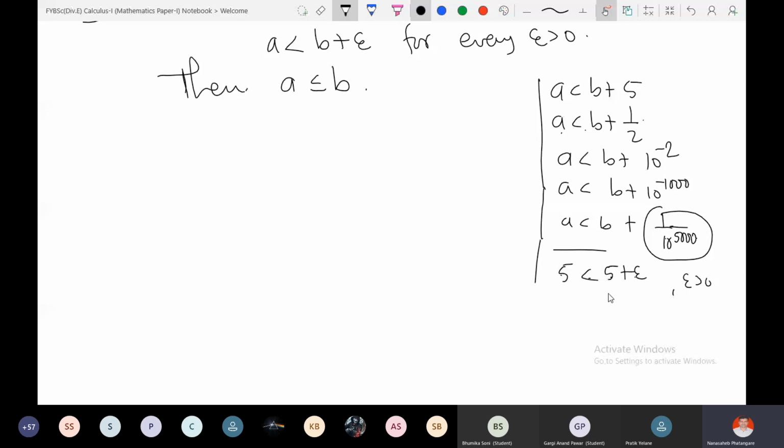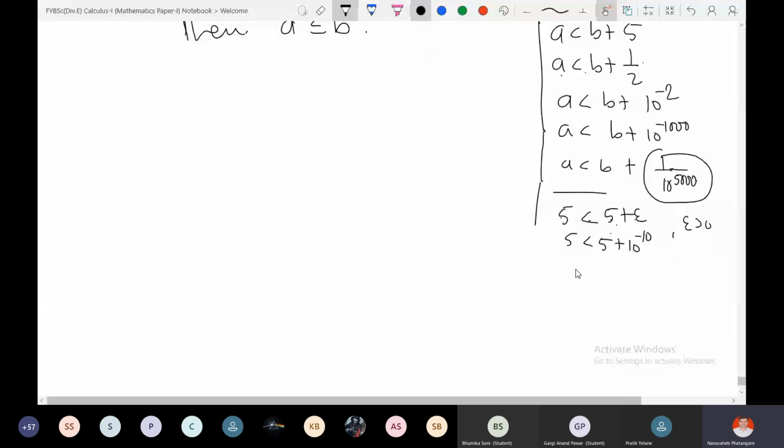So this is true for 5, and therefore if the numbers A and B are the same, then also this is true. So I cannot say that 5 is strictly less than 5. This is not true. 5 is equal to 5. So if numbers are equal, then also this is true, and therefore A is less than or equal to B.